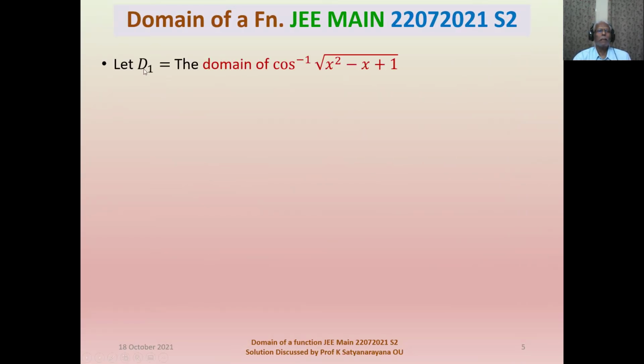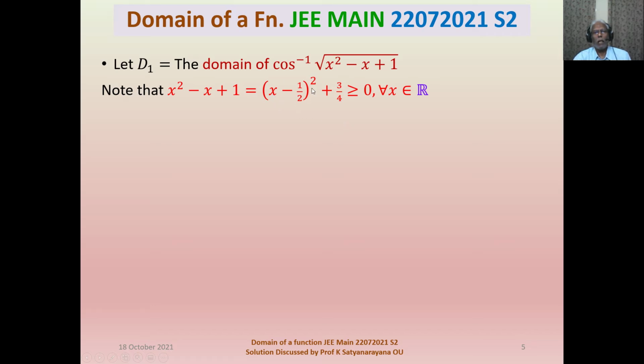Let D1 be the domain of the numerator, that is cos inverse under the square root of x square minus x plus 1. Note that x square minus x plus 1 is equal to (x minus 1 by 2) whole square plus 3 by 4.